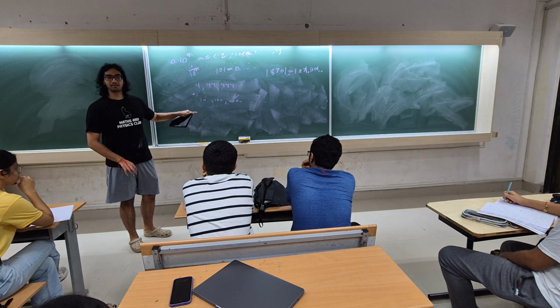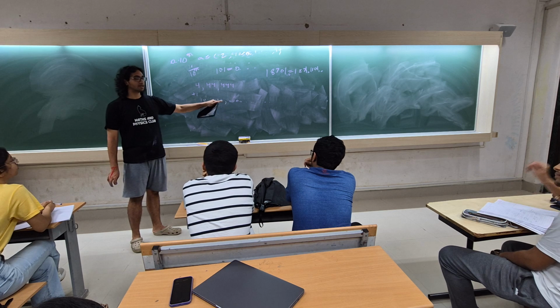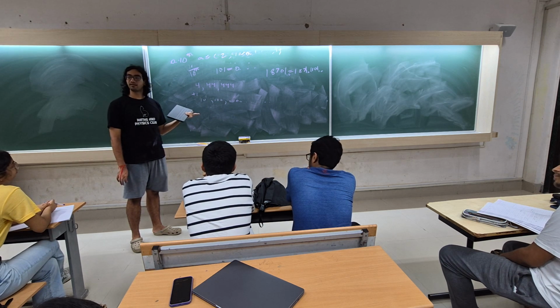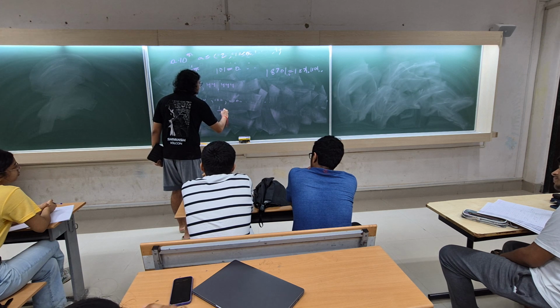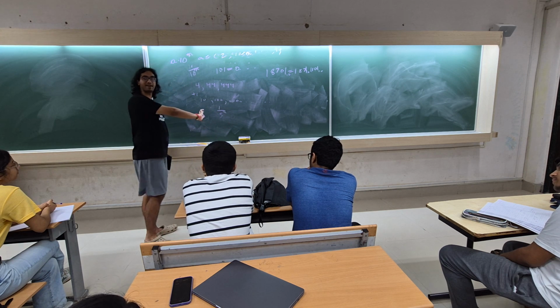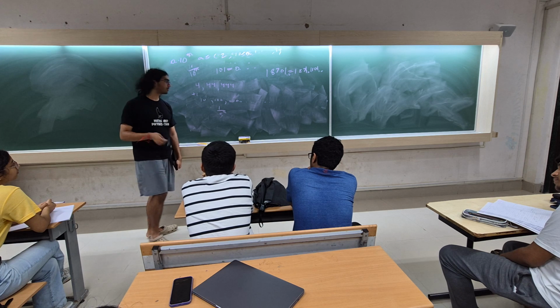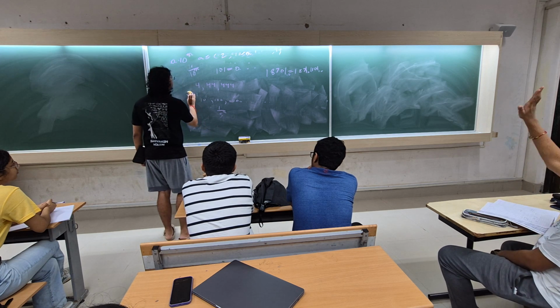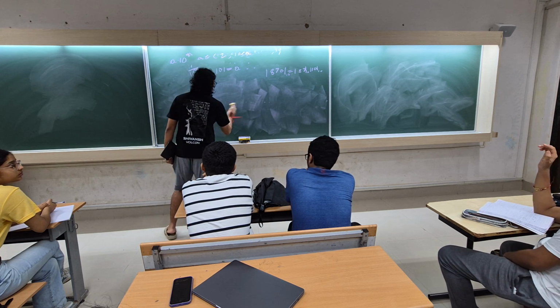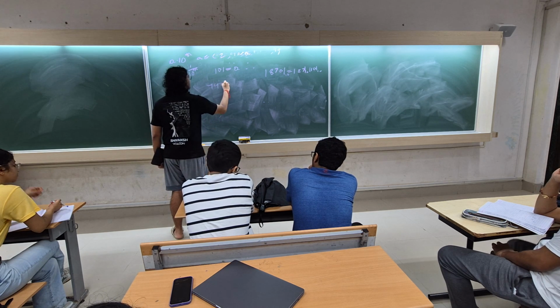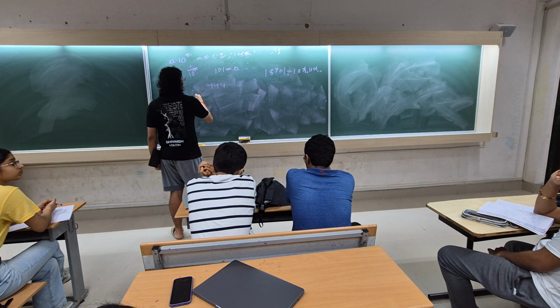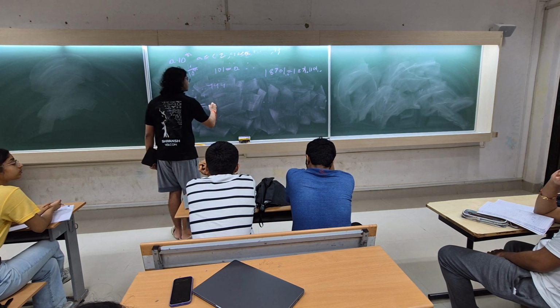But for P-adics, this same sequence goes to 0, because the power is 1 by 5 to the n. So this goes to 0. So if we have 4, 4, 4, 4, 4 plus 1, that equals 0.